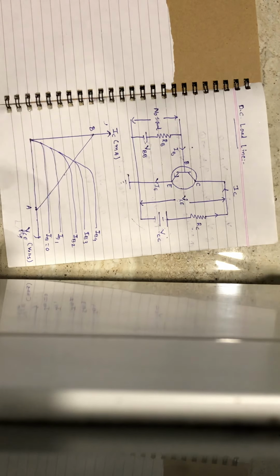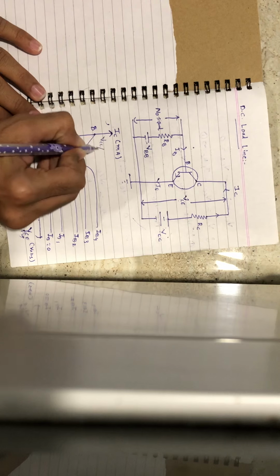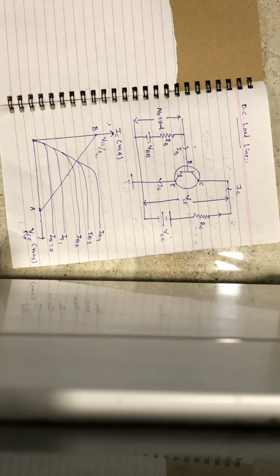Therefore IC is equals to VCC by RC. So this one is the maximum. This gives the collector current axis point as shown in the figure. This point is indicated as VCC by RC.